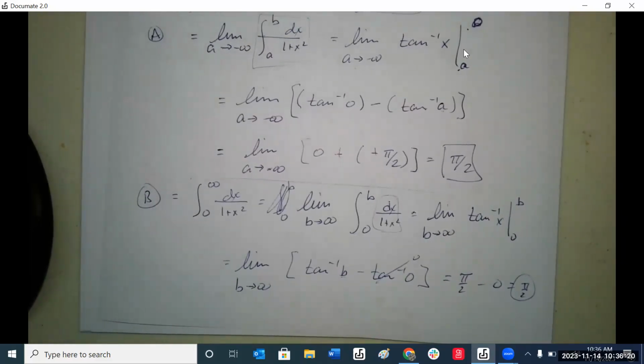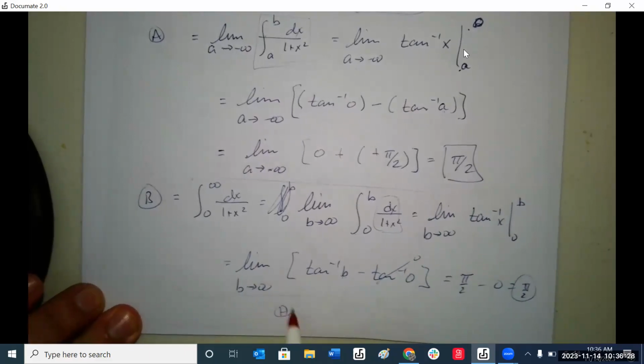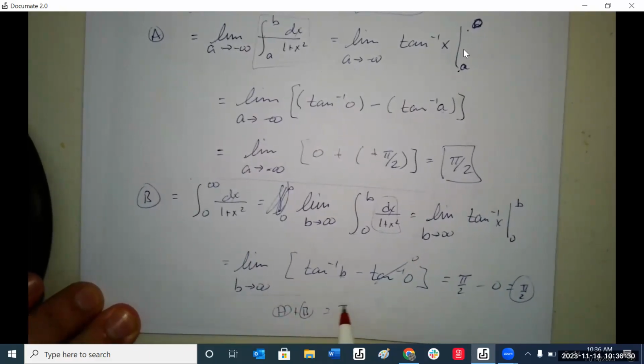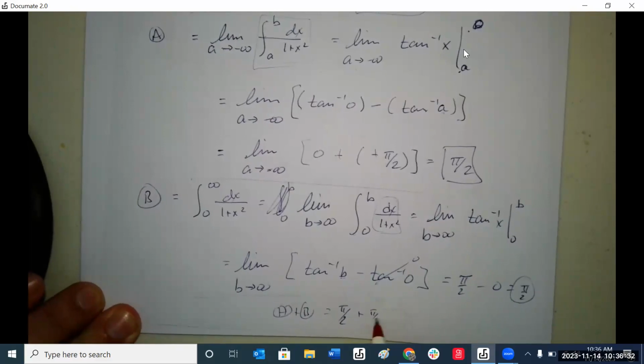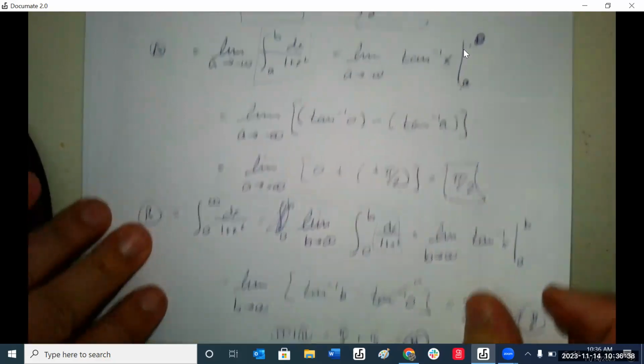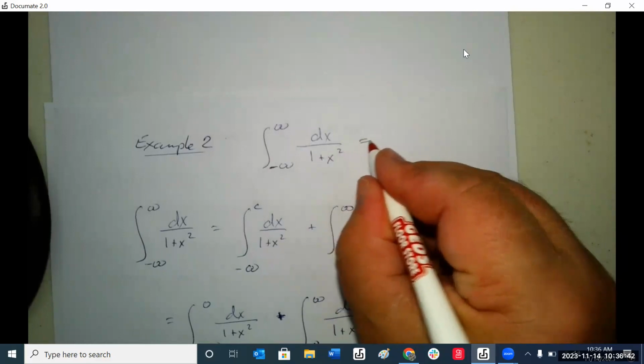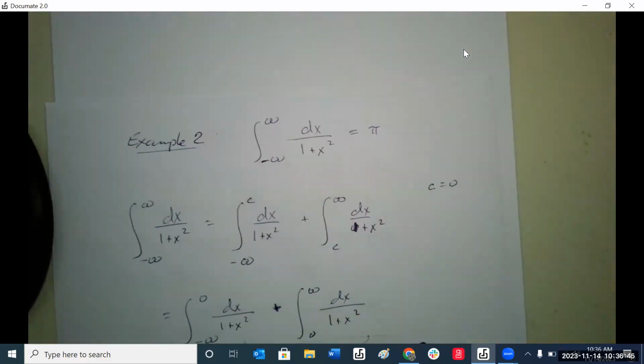So that tells us, we take a plus b, we get pi over 2 plus pi over 2, we get pi. So our function converges to pi.